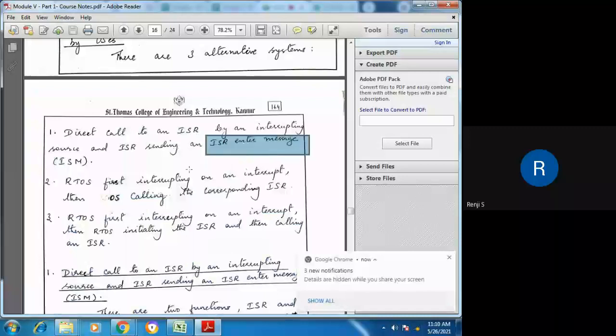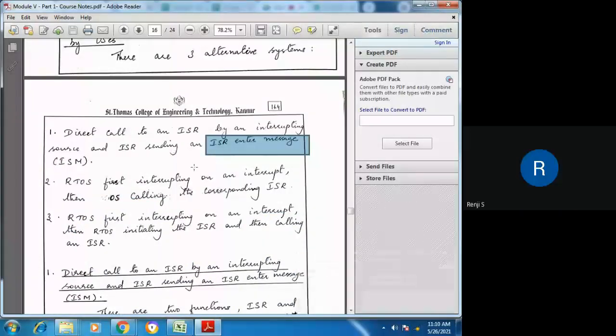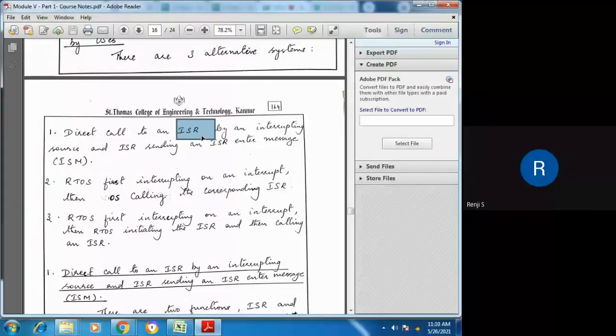That is, the ISR is going to be executed. So that message is called ISR enter message, shortened as ISM. It is sent to the RTOS, and the RTOS will stop its execution. The processor has been executing some process currently. It will stop its execution, and the interrupt service routine will run. After completion of the interrupt service routine, it will again send a message back to the RTOS, so that the processor can continue its execution.